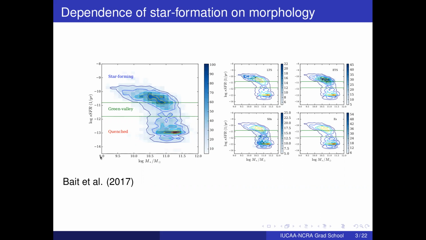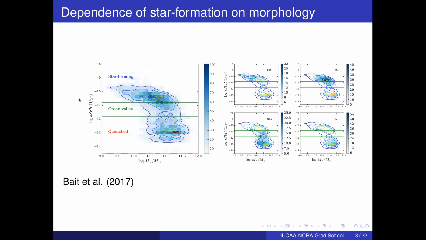What's plotted on the x-axis is the log of the stellar mass, log M star, and on the y-axis is plotted the log of the specific star formation rate. Specific star formation rate is simply the star formation rate normalized by the stellar mass. So solar masses per year divided by solar masses, so it has units of per year.